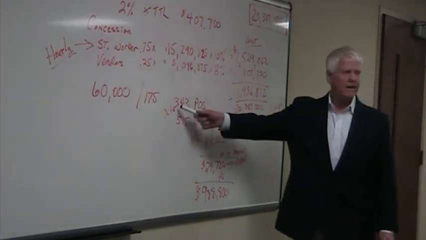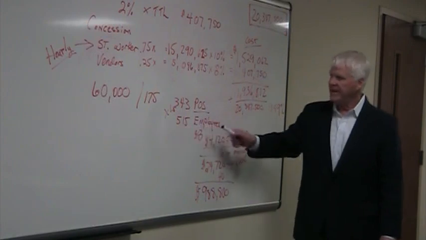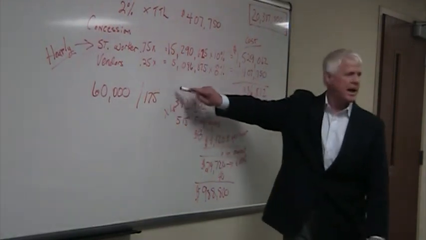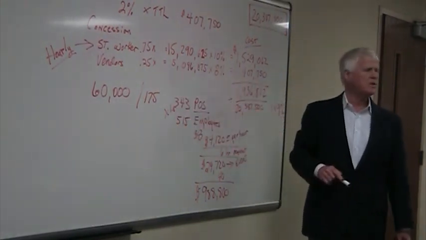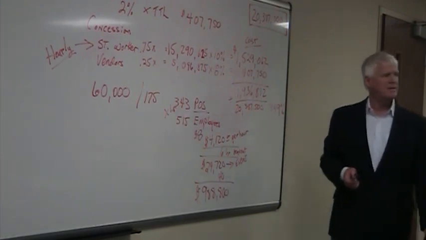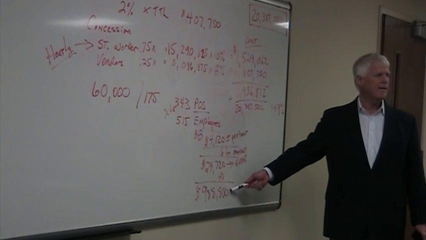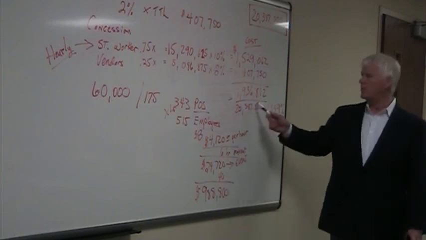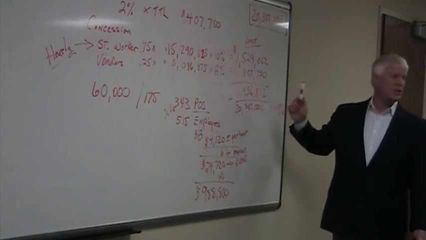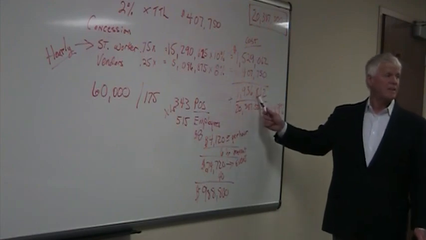What we just did was figure out, if we did everything according to these standards, how much money would we spend? $988,800. So which one is higher? The budget is almost double that. So that should tell us that our budget is fair.